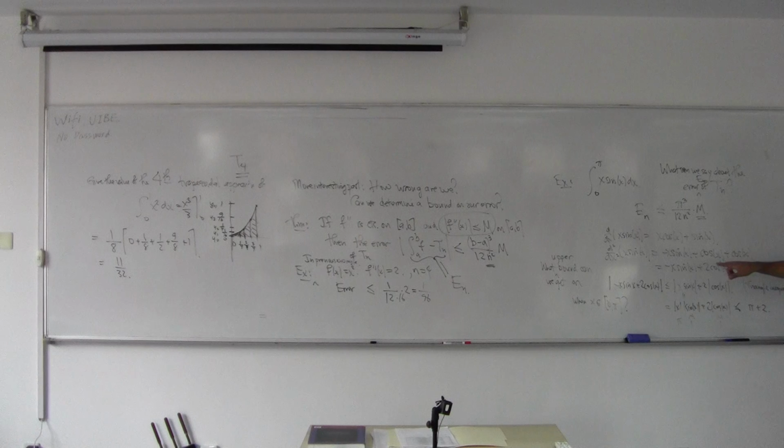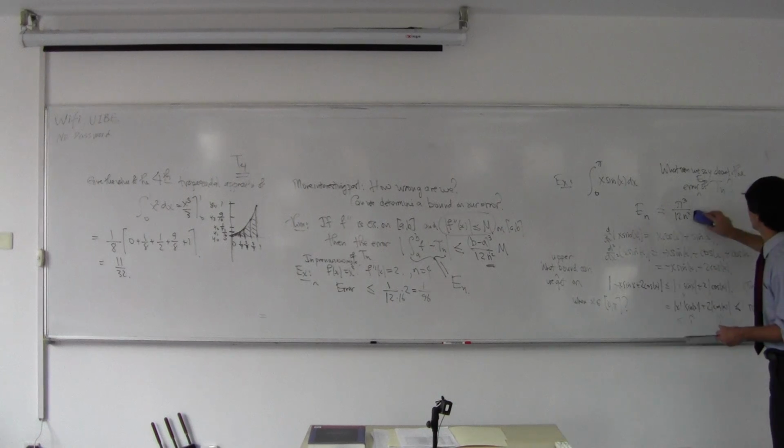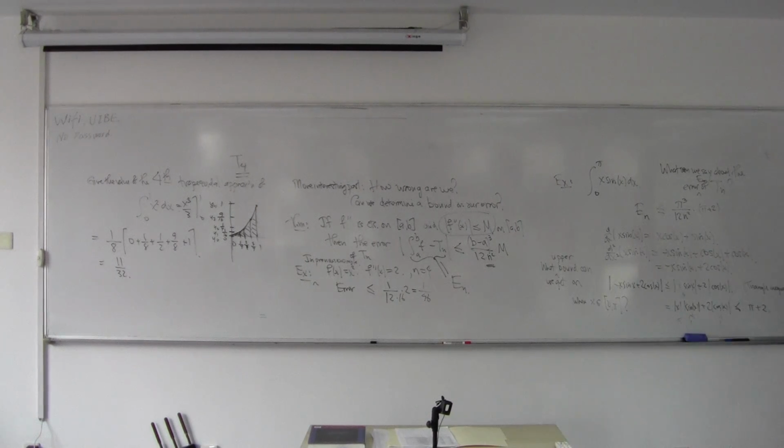The absolute value of the second derivative is smaller than pi, definitely smaller than pi plus 2. So we can use that as our M, pi plus 2, and that will give us a good bound.